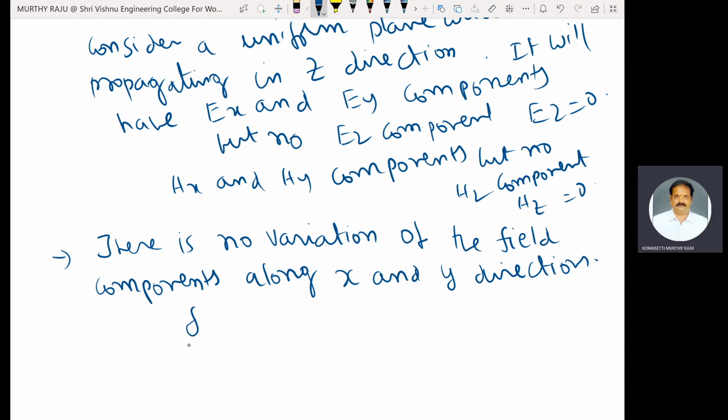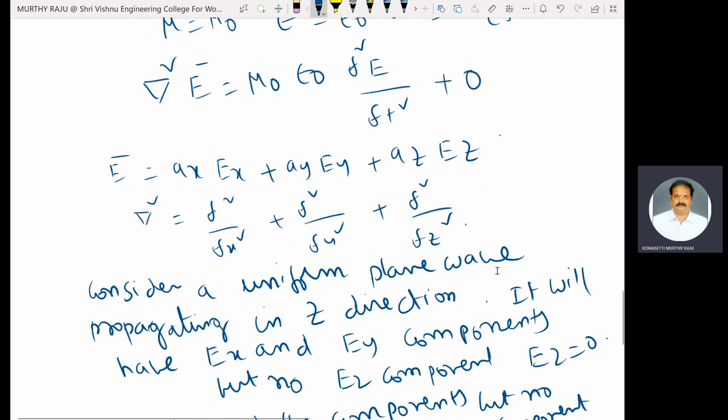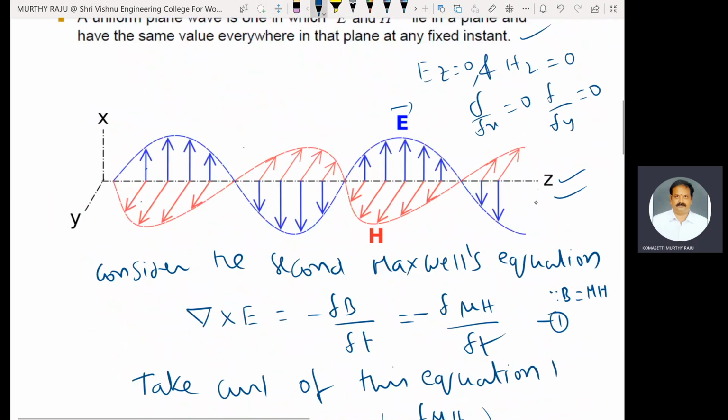That means dou by dou x is equal to dou by dou y is equal to 0. This is the wave propagating along z direction. E and H are perpendicular to each other.